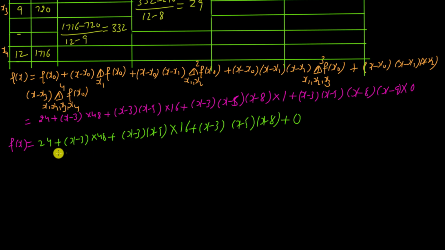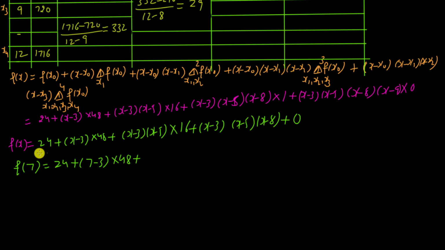So this we have. If we are required to determine the polynomial, then we can easily multiply and collect the same degree terms and write the polynomial. But we are not asked to find the polynomial. We are asked to find f of 7. So in place of x you will write 7. So it will be 7 minus 3 into 48.